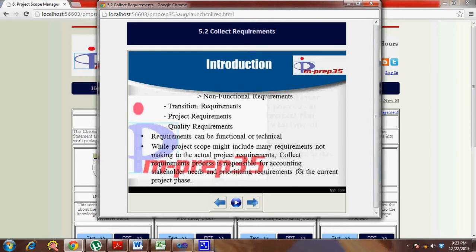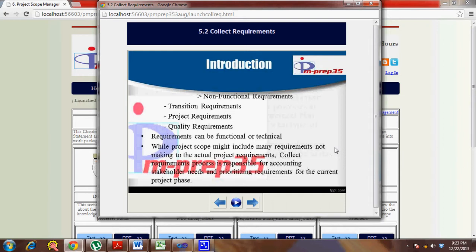But the scope management plan gives you a direction, because after collecting the requirements, you have to define the scope. So you've got to be really careful about what you are collecting, and you have to keep that in mind. So that's where the scope management plan is really useful. Then the other important input, because most of the times the requirement documentation gets done in the initial few iterations, is the project charter, because your high level requirements are part of the project charter.